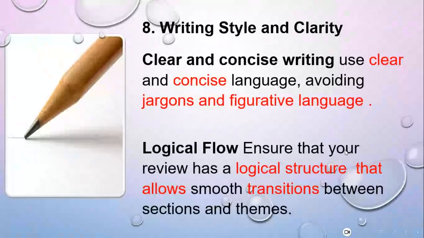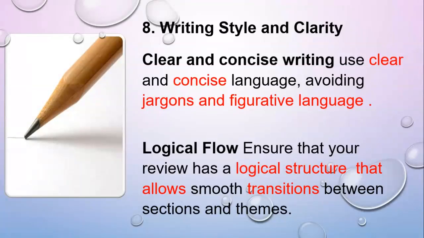Okay, and another important part of writing a review is the writing style. When you write your review, you have to be very clear and concise. I think there was a workshop about academic writing conventions which you should follow.